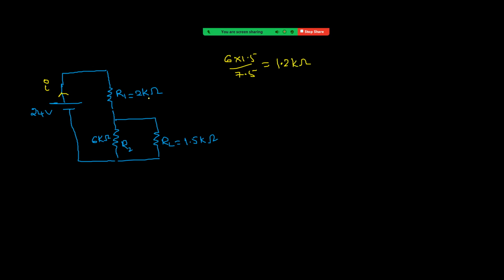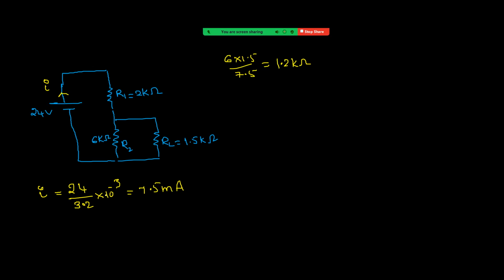And that is now in series with the 2 kilo ohm. So total value 2 plus 1.2, 3.2 kilo ohm. That means I value will be equal to 24 upon 3.2 kilo, or I can say it is 10 to the power minus 3 here, and that is equal to how much? 7.5 milliampere, right? So first option is correct.